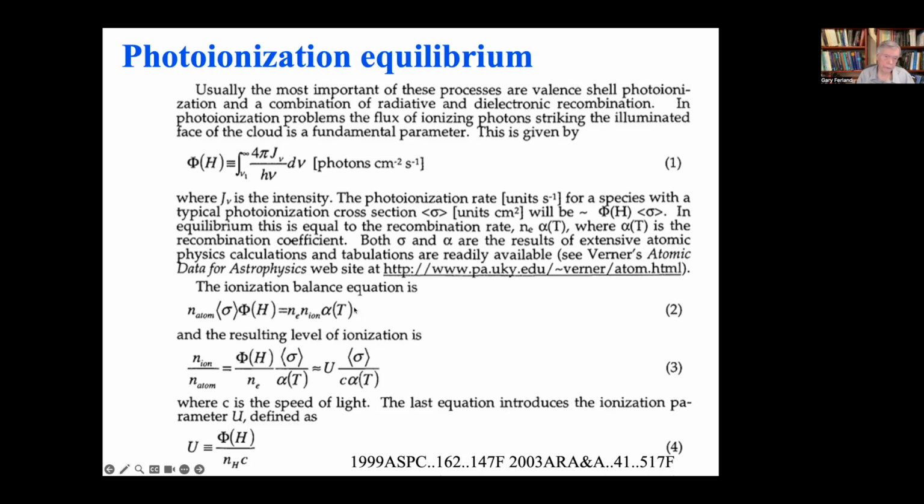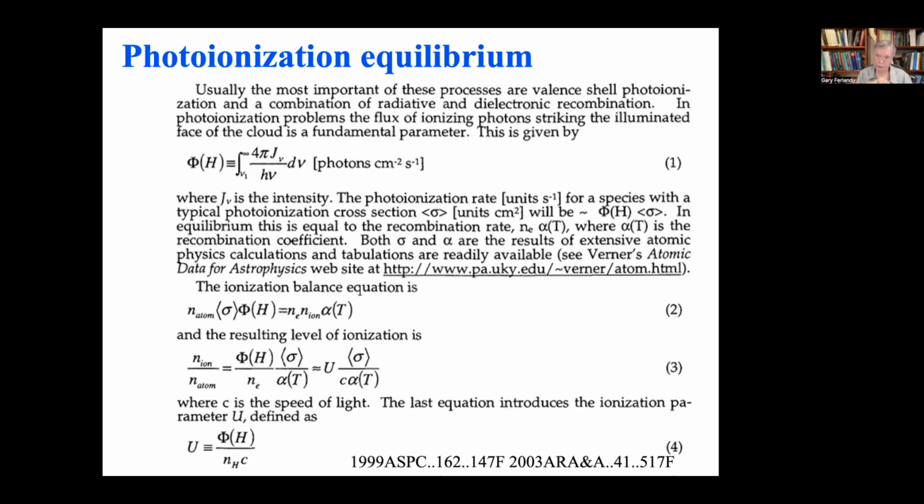The recombination rate coefficient is in cubic centimeters per second. You multiply that by the density of electrons and the density of the ions, and you get the recombination rate per unit volume. So a recombination means that the free electron finds a mate, loses energy, and they become bound.